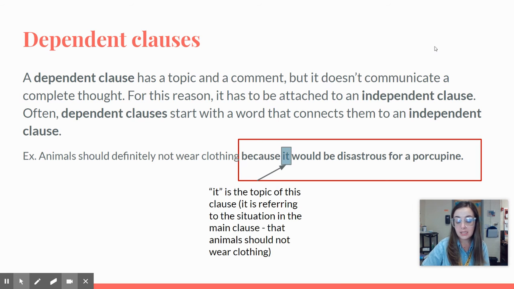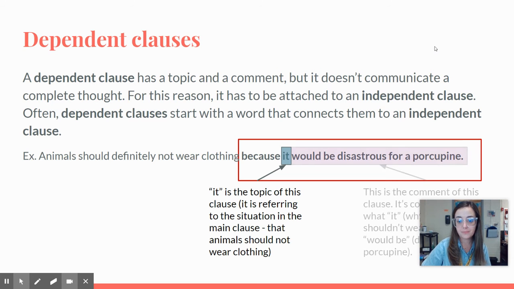So "it" right here is considered the topic of this clause because it is referring to the situation in the main clause, that animals should not wear clothing. Because if animals wore clothing, it would be disastrous for a porcupine. So "it" represents the topic of this clause.